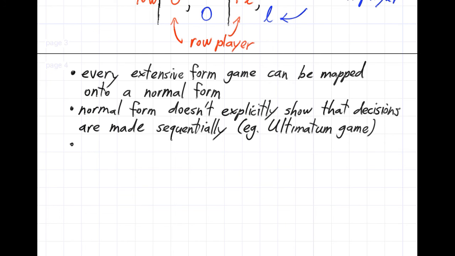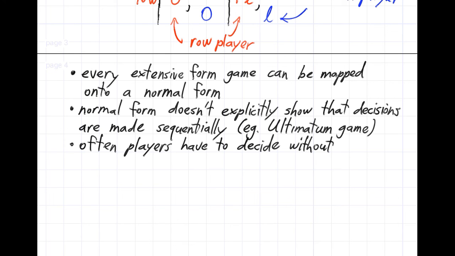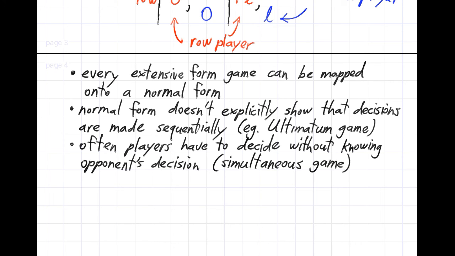And in fact, often in normal form games, players have to decide without knowing their opponent's decision. And that is the definition of a simultaneous game. Simultaneous game you should become familiar with.